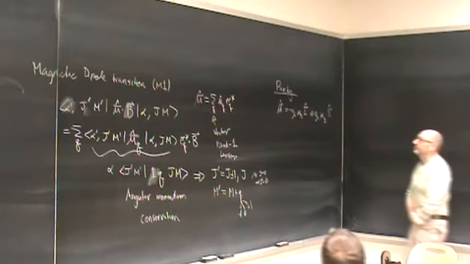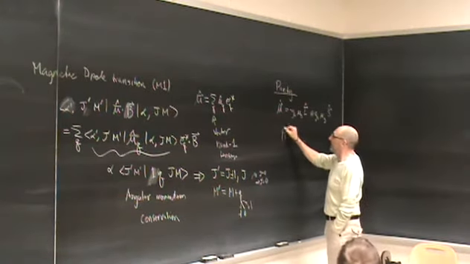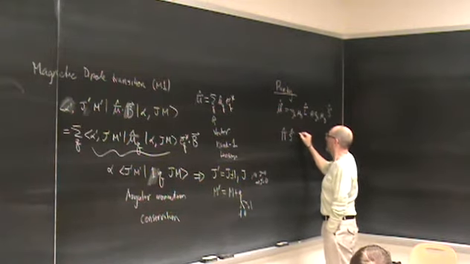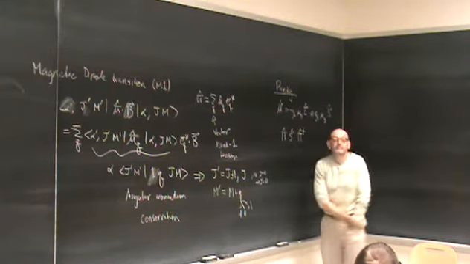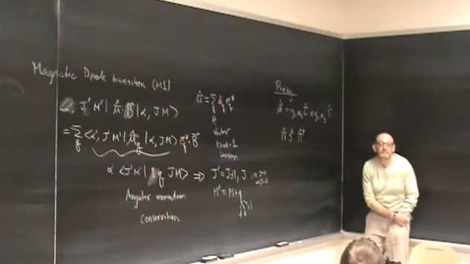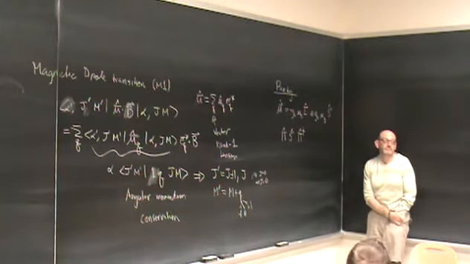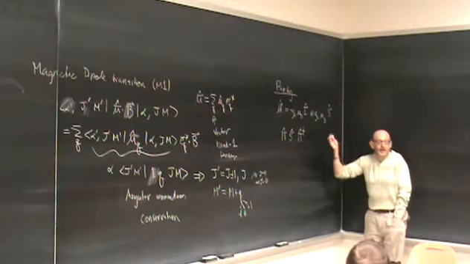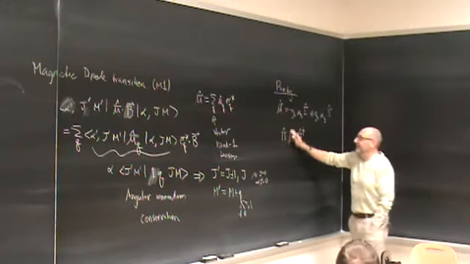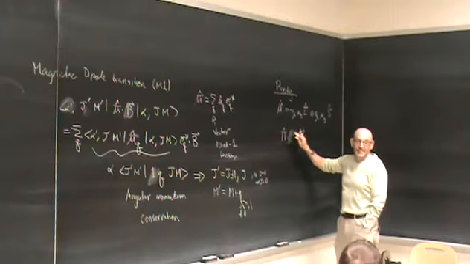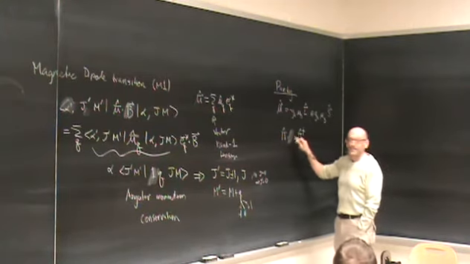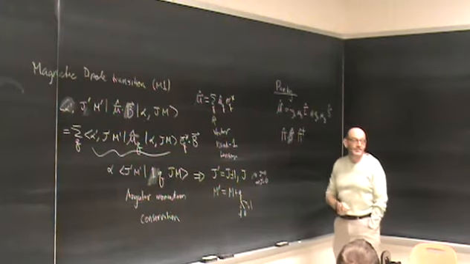So, firstly, how does the spin operator change under parity? It doesn't. The spin has nothing to do with motion. It acts on a different space. It's the identity on position space. This is really the identity on position and this on the spin space, and this only acts on the position space.